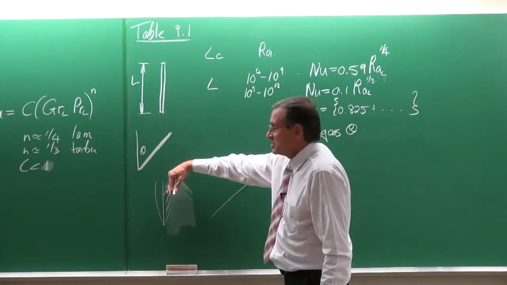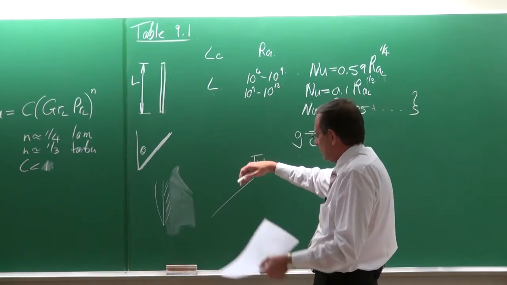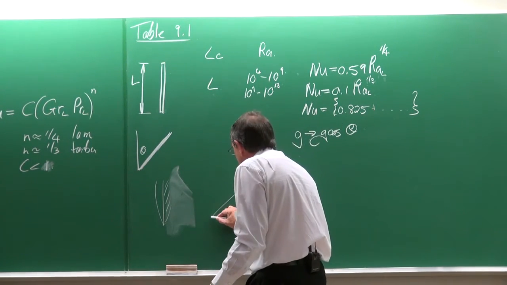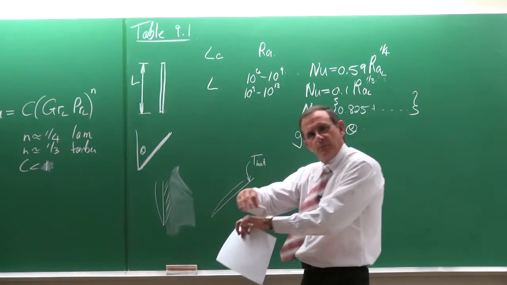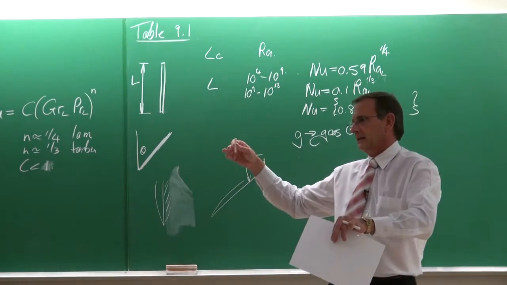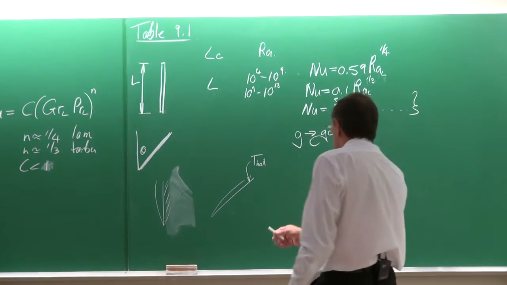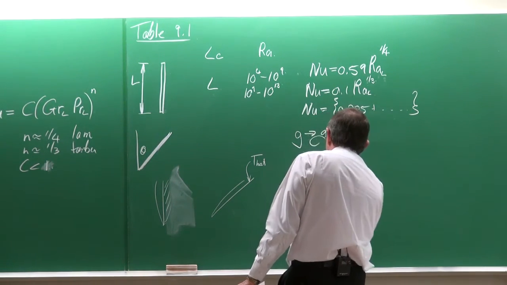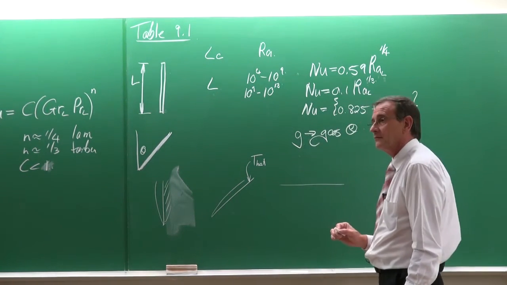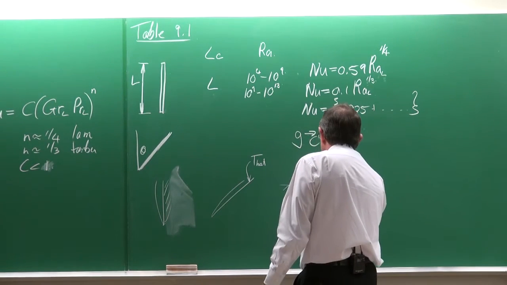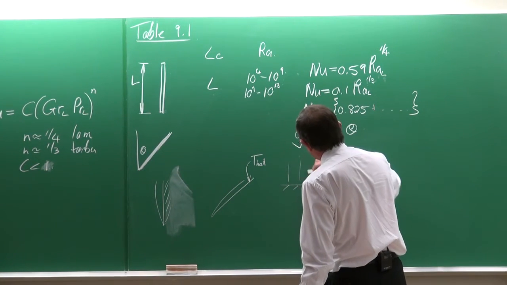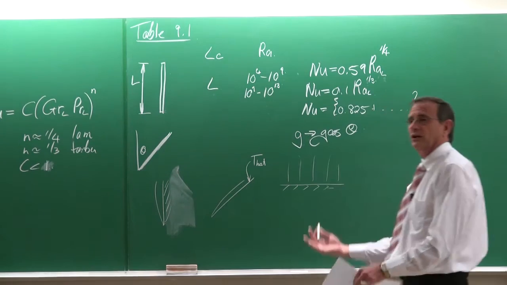Okay. If we start tilting the plate now, you can see that that boundary layer is still going to develop like that. Okay, you agree? Until it is in that position there. And if it's in that position there, the flow would mostly be in that direction, going up.